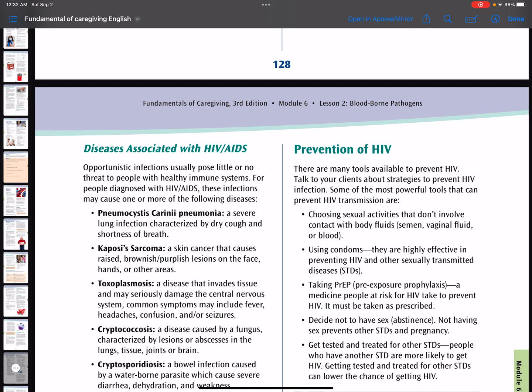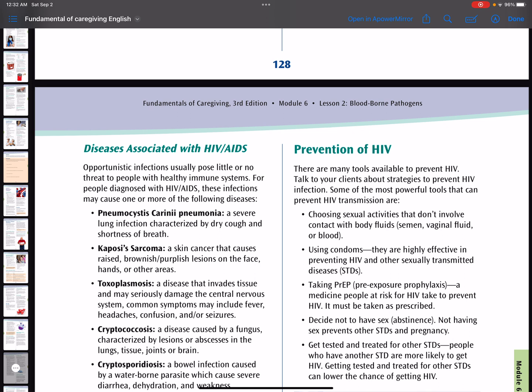Okay, what's AIDS, or acquired immunodeficiency syndrome? All people diagnosed with AIDS have HIV, but not all people with HIV have AIDS, because first you have HIV and then you get AIDS. AIDS begins when a person with HIV infection has a T cell count below 200.